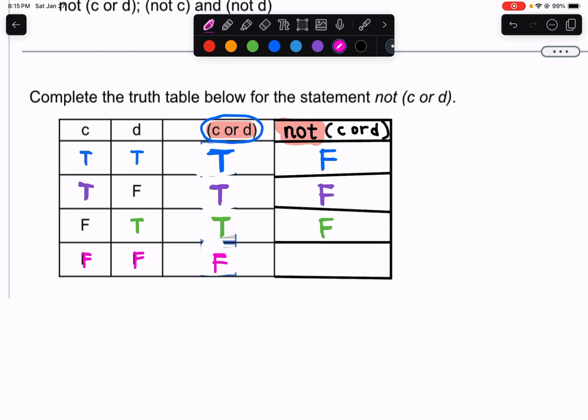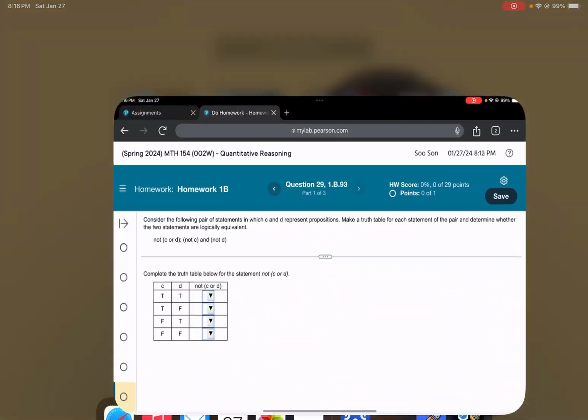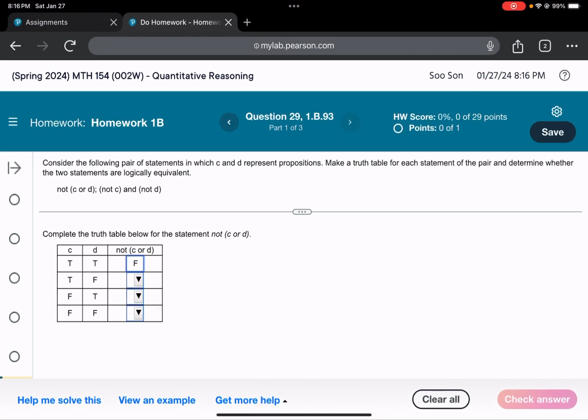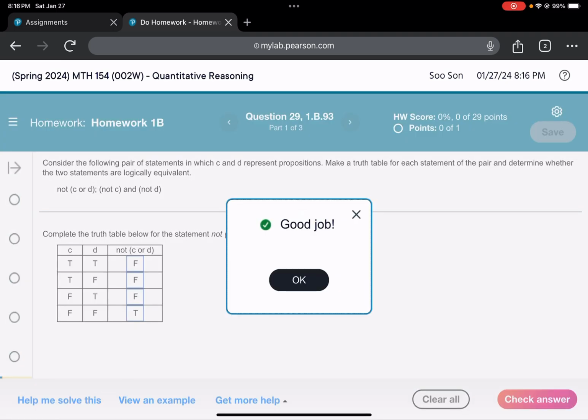And the last one, if C or D is false, if you negate that, we're going to get true. So the answers are going to be F, F, F, and T. So I'm going to go enter those. F, F, F, and the last one will be T. So for this one, it's almost easier to do it in two steps instead of thinking about the final answer in a single step.